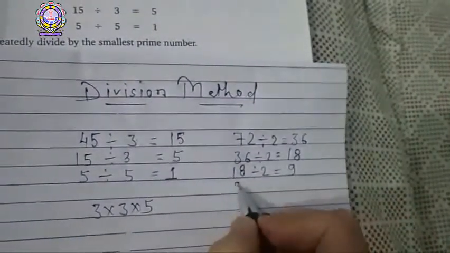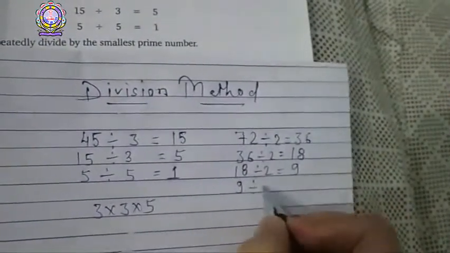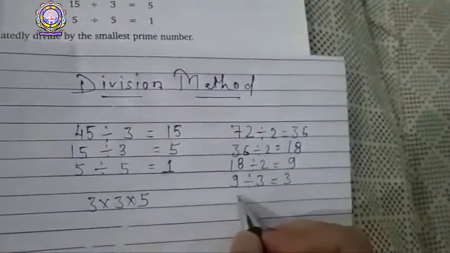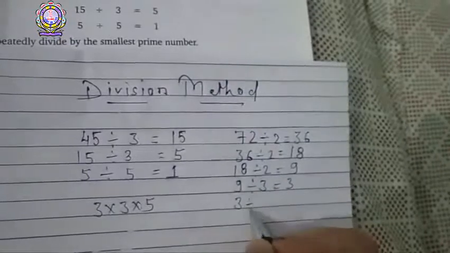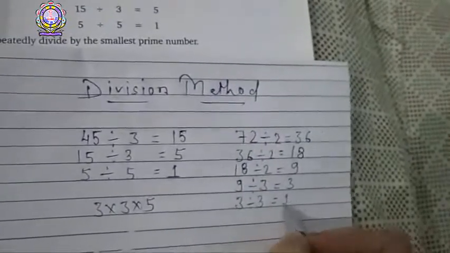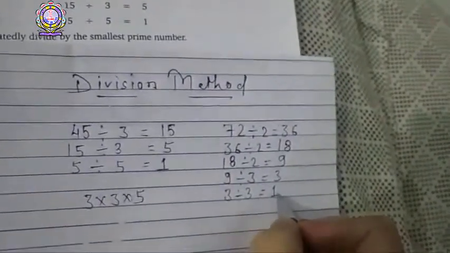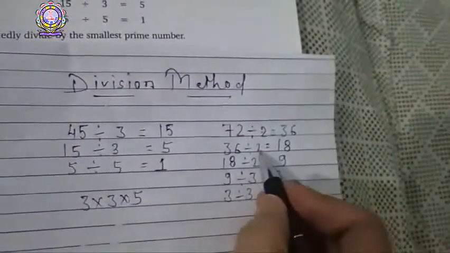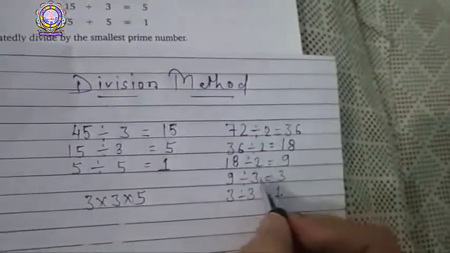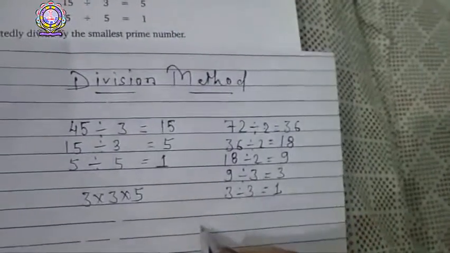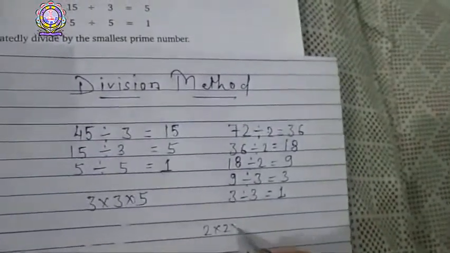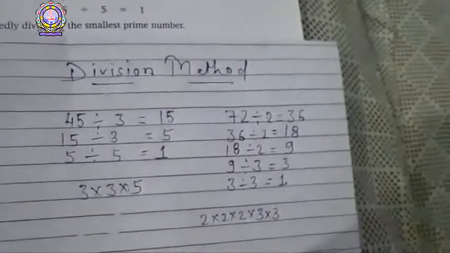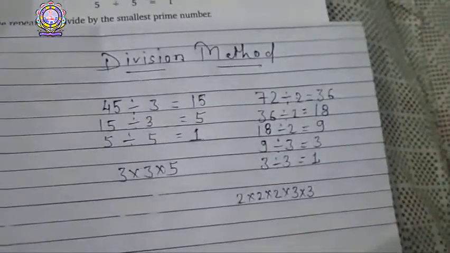We cannot divide 9 by 2, so we divide it by 3. So we got 3, and again 3 divided by 3, we get 1. So prime factors of 72 are 2 multiply 2 multiply 2 multiply 3 multiply 3. Yes, this is division method.